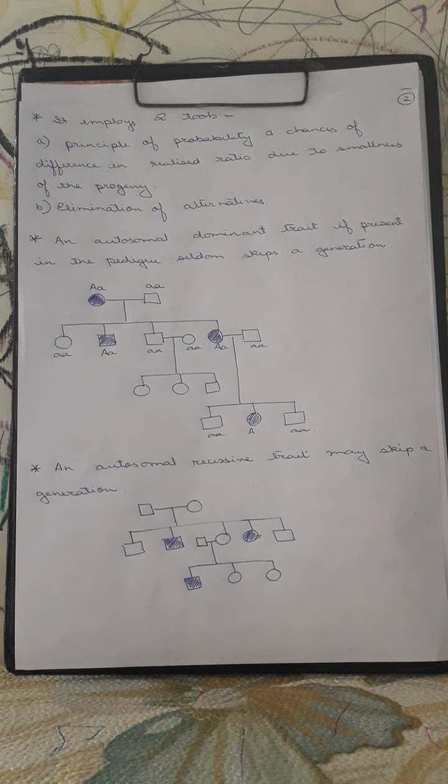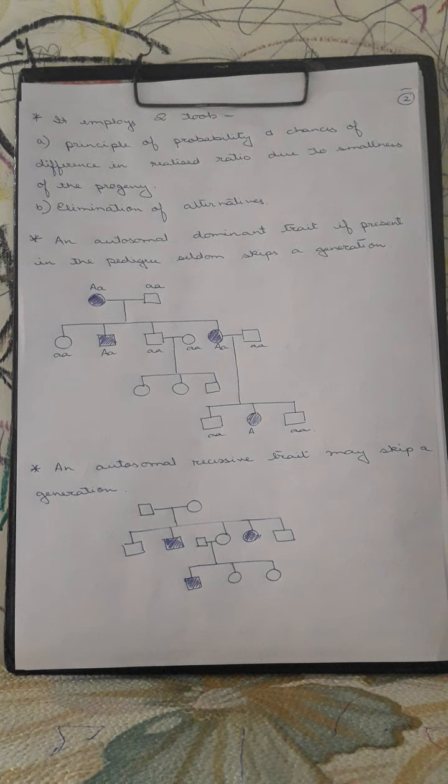Now you see in the first diagram, none of the generations are skipped, isn't it? The circle indicates female and the square indicates male, so their cross is taking place. Here the female is affected, that means the disease is present in the individual. Then the cross is done and offspring are produced. In these offspring, we find a male and a female having the disease.